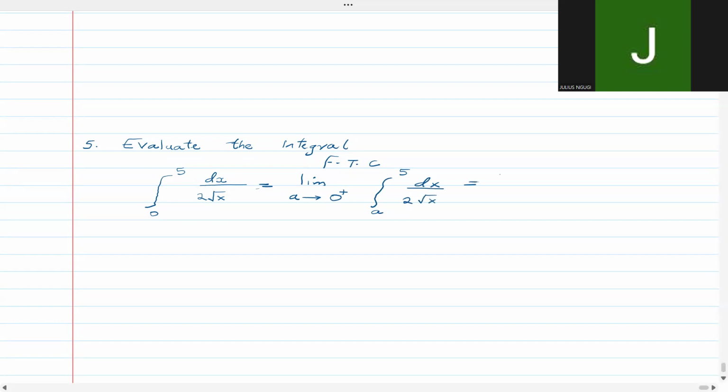So this is the same. I'll keep on moving the limit as A approaches 0 from the right side, the integral from A to 5. Then I can factor out a half, and I'll be having x to the power minus a half with respect to x.